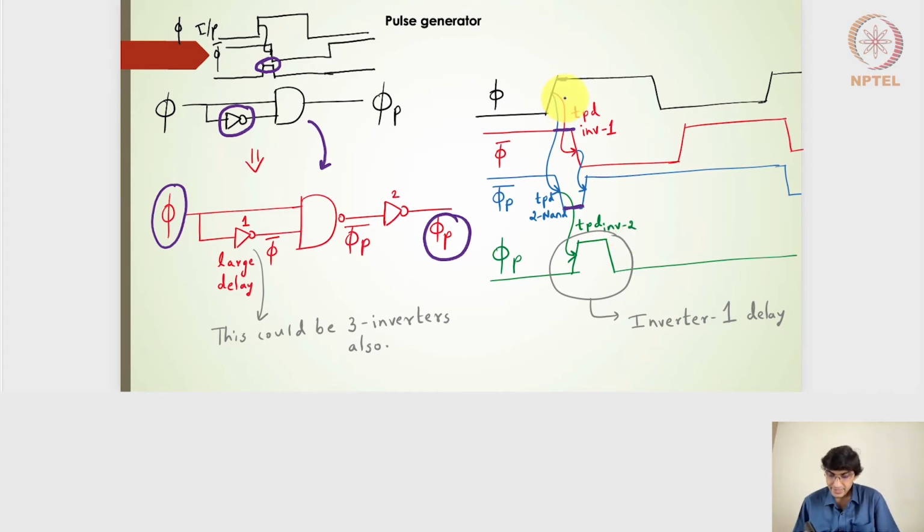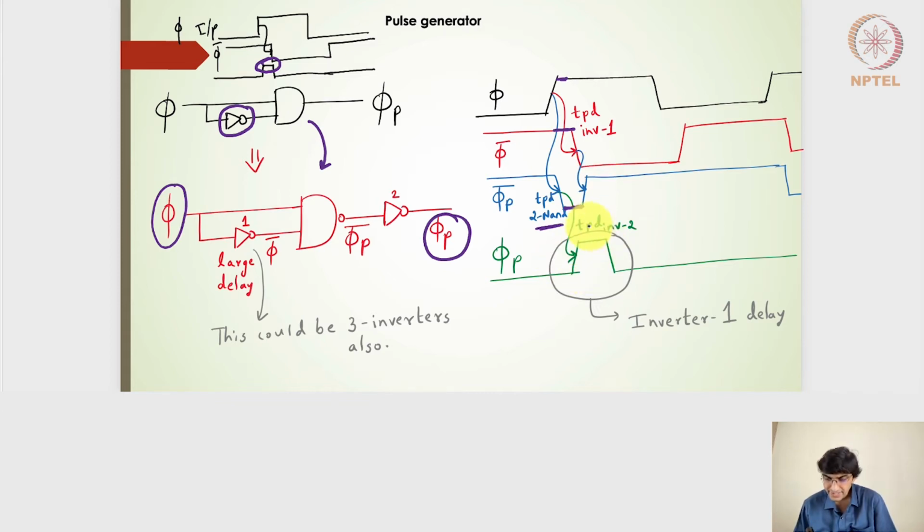All right, and this particular delay, we call it the output of the NAND gate with respect to this clock signal. We say that it is the TPD of the 2-input NAND gate from the clock signal, and this one is the TPD of the 2-input NAND gate coming from the clock bar signal, right?